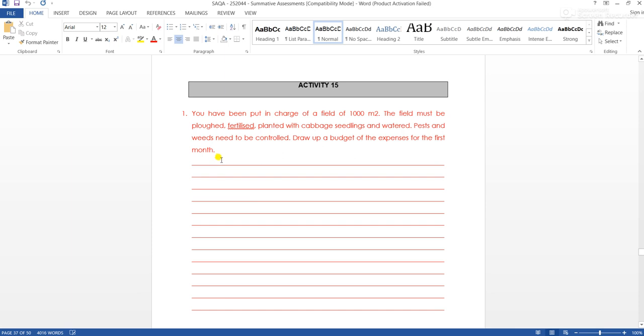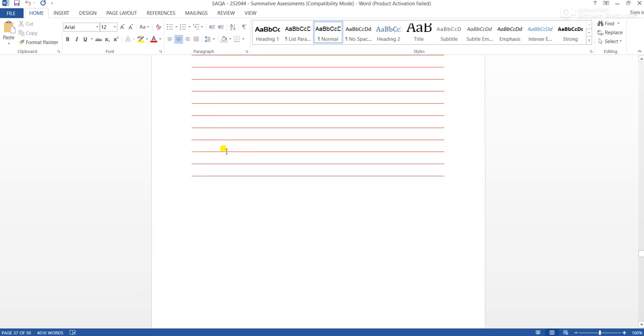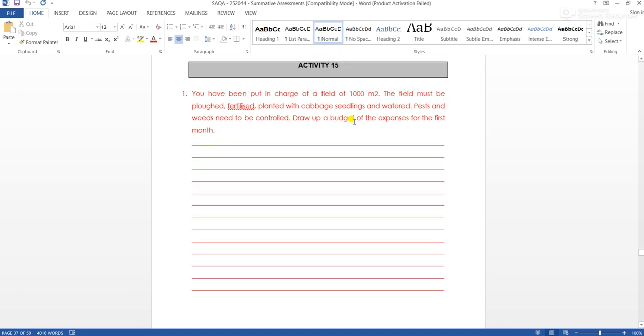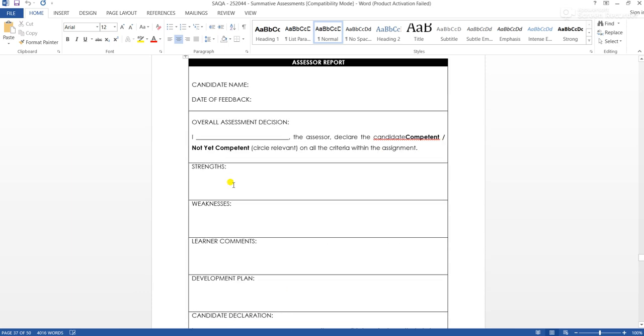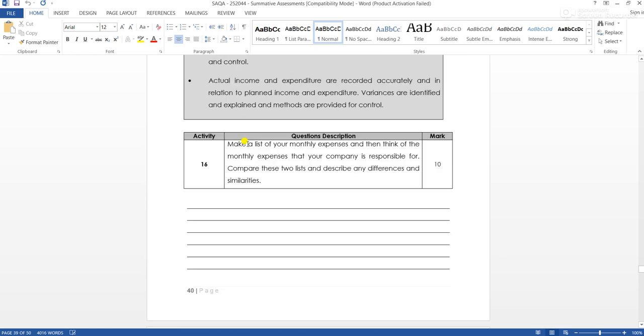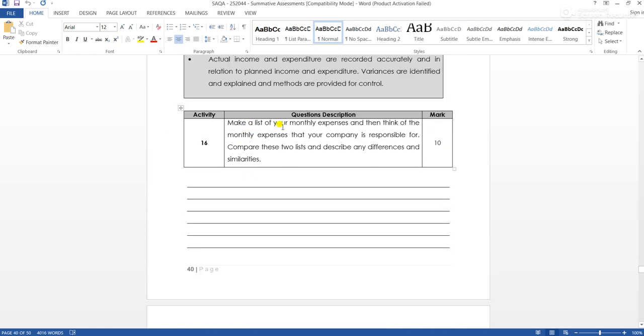In activity 15, what do you need to do? You need to draw up a budget for the expenses for the first month. So you're given a statement, you just have to draw up a budget for that. Learning unit 4, you just have to make a list of your monthly expenses and compare.